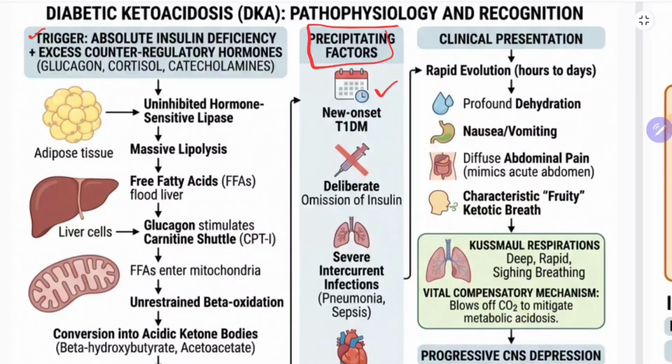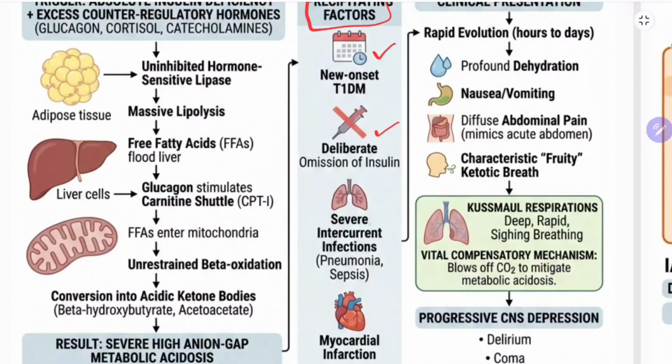So it can be a presentation of type 1 diabetes mellitus, or because of omission of insulin, or severe intercurrent infections like pneumonia and sepsis, or a patient having myocardial infarction. So any stressful state, or a patient may have not taken insulin, or it can be a first presentation. So these are the 4 important precipitating factors.